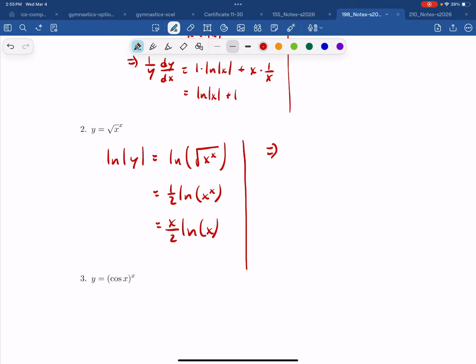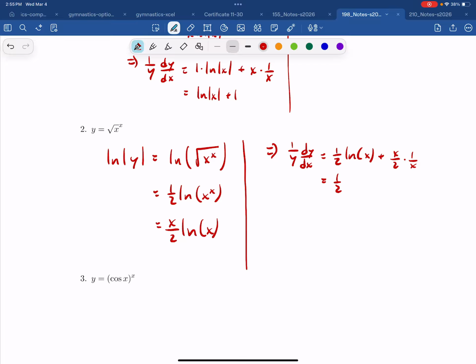And then this implies that 1 over y dy over dx equals 1/2 ln of x, actually I guess I really should be saying absolute values, but maybe not really, because we're talking about the square root, which is always positive. Anyway, whatever. 1/2 ln of x plus x over 2 times 1 over x.